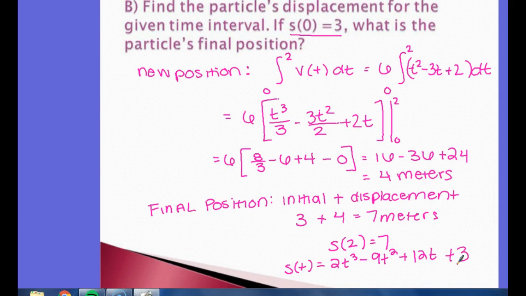How would the displacement in the position function be altered if we were talking distance? What would you have to do differently to find the distance?